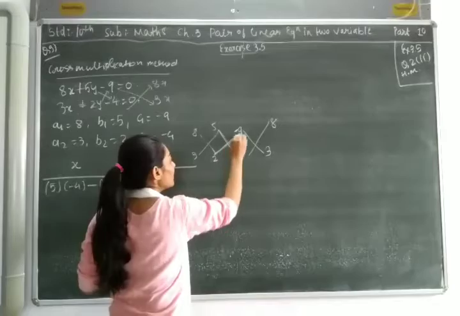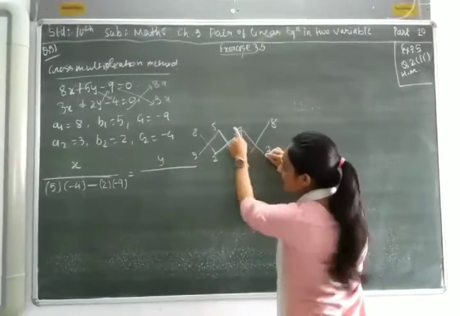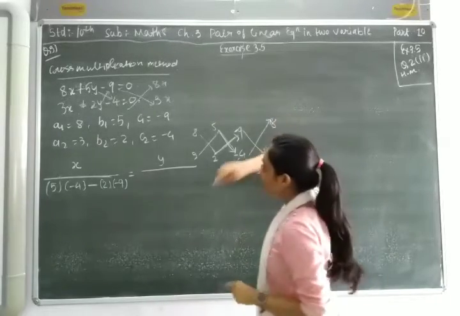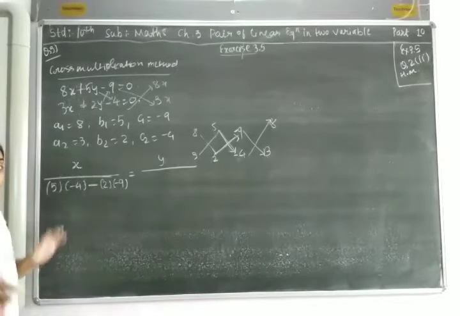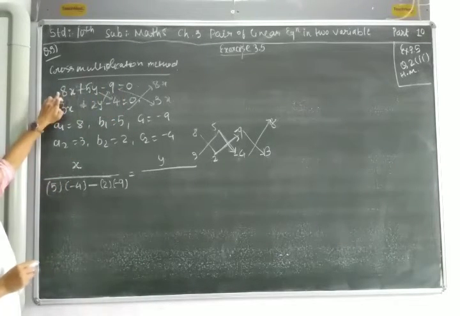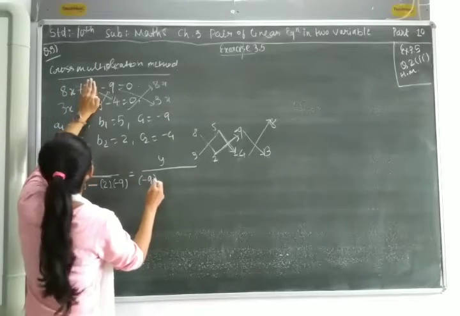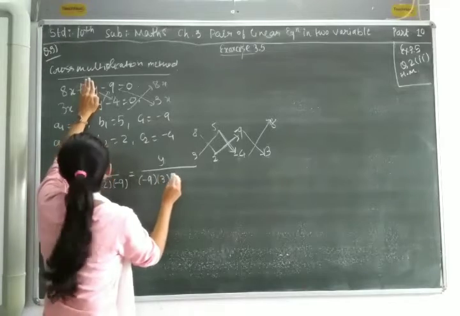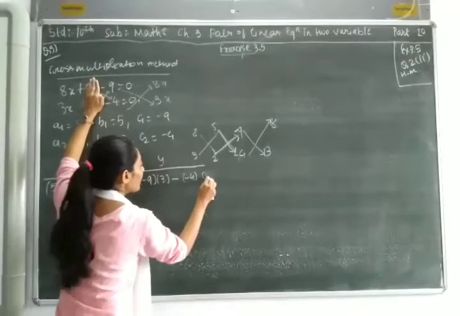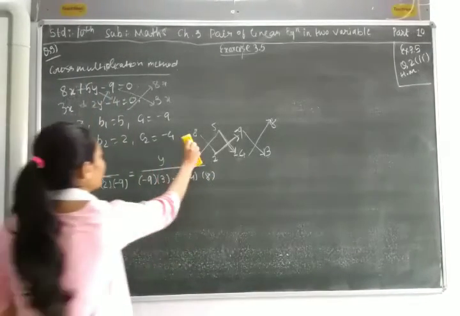First term this one. Then it should be minus 9 and plus 3 and minus 4 and plus 8. So we have to start from here, not with 8. So minus 9, plus 3, minus 4 and 8, minus 4.